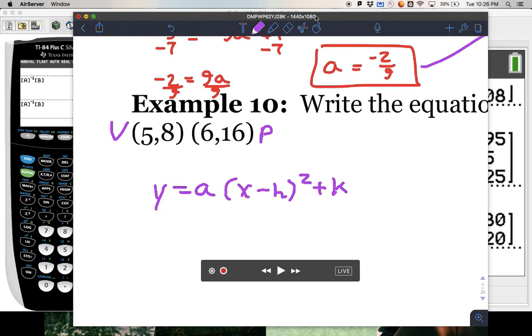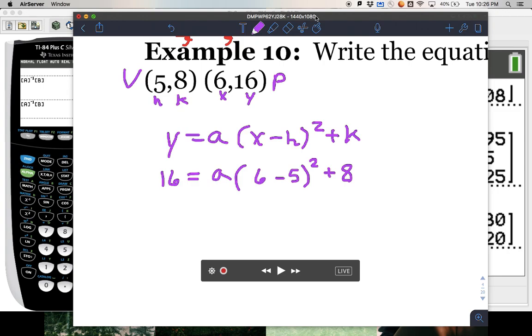And then we're going to plug in the vertex and everything. So we have x, y, and h and k. We're going to put 16 over here. We're going to have a, which we don't know. We go x, which was 6, minus h, which was 5, squared, and then plus the k value, which was 8.